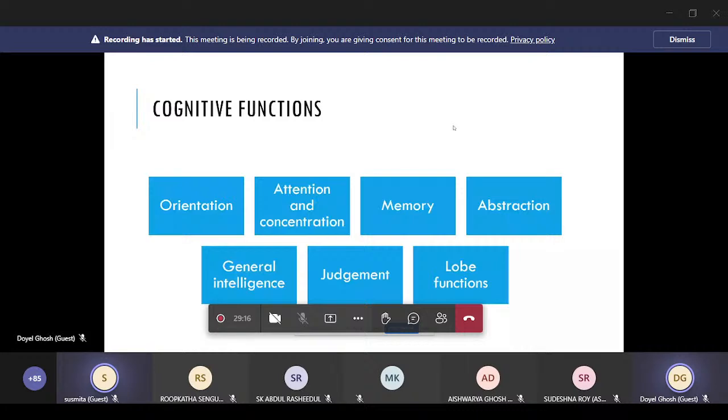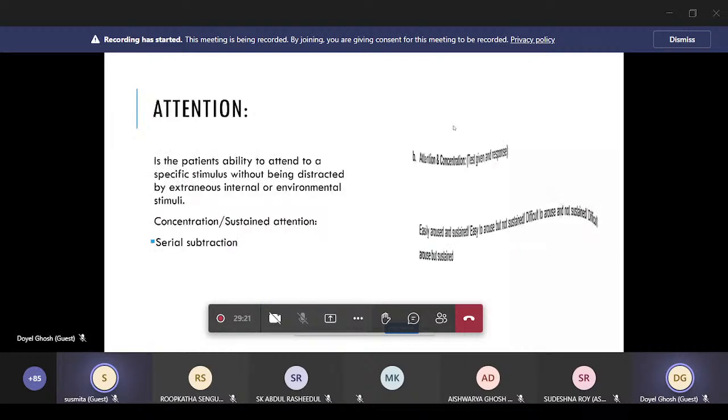Then coming to attention and concentration. What is attention? You all know that it is the ability to attend to a specific stimulus. In mental status examination, we assess if the person is able to attend to a specific stimulus without being distracted by extraneous, internal, or environmental stimuli.